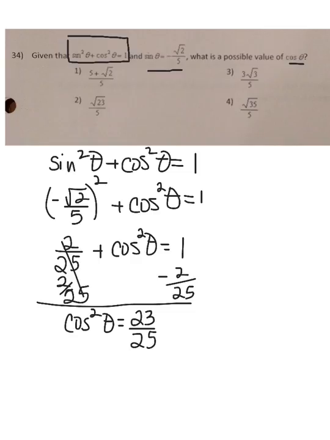Now that's cosine squared theta, but what they're asking you to find is cosine theta. So I'm going to take the square root and the square root. And I will get cosine theta equals the square root of 23, which doesn't break down, so I'm going to leave that. But the square root of 25 is 5. Now, you can put that in your calculator and get the same thing.